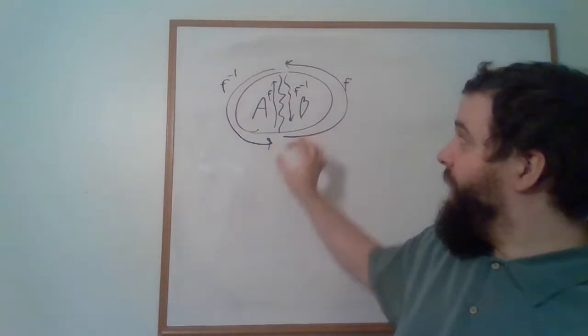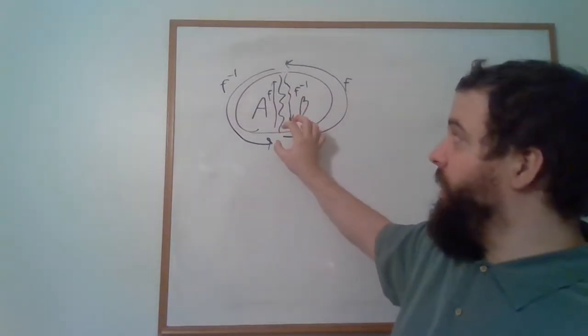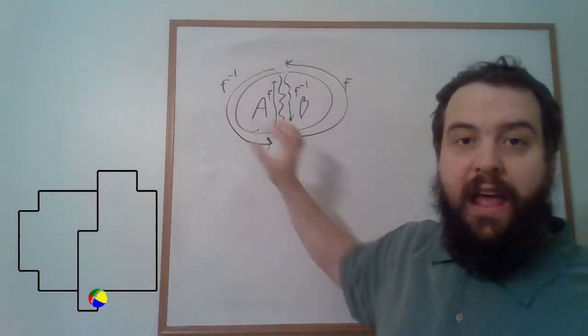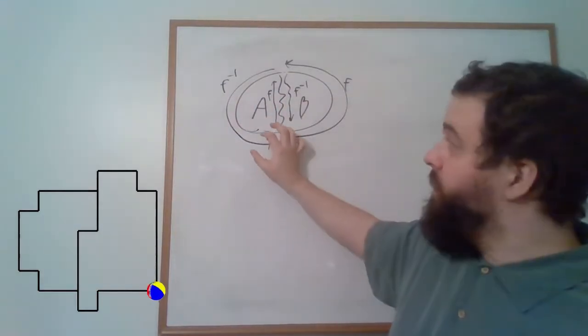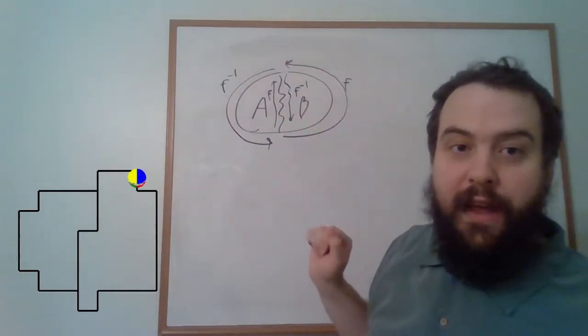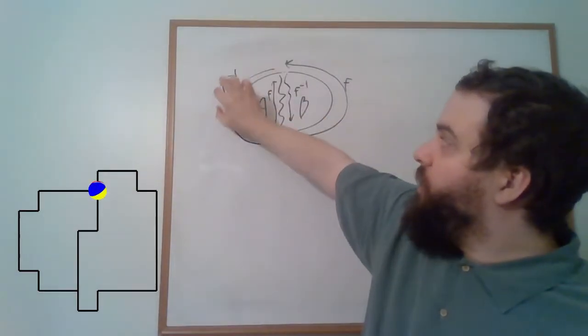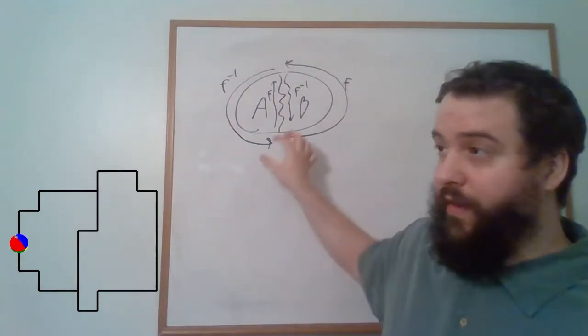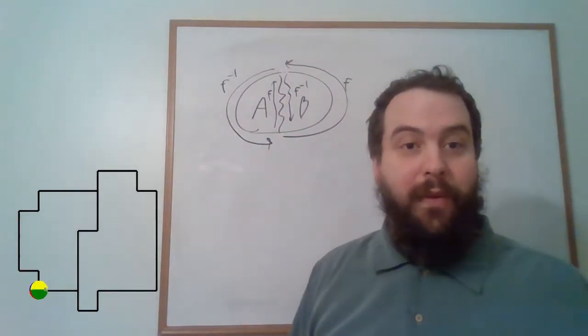And so taking the entire journey around the combined region, A unioned with B, we'll apply our function F to the orientation of the sphere, and then undo applying the function F to the orientation of the sphere. And so we'll get back to where we started.